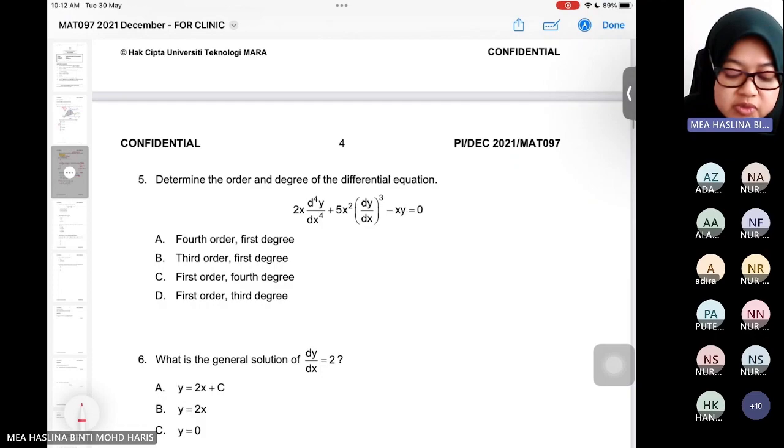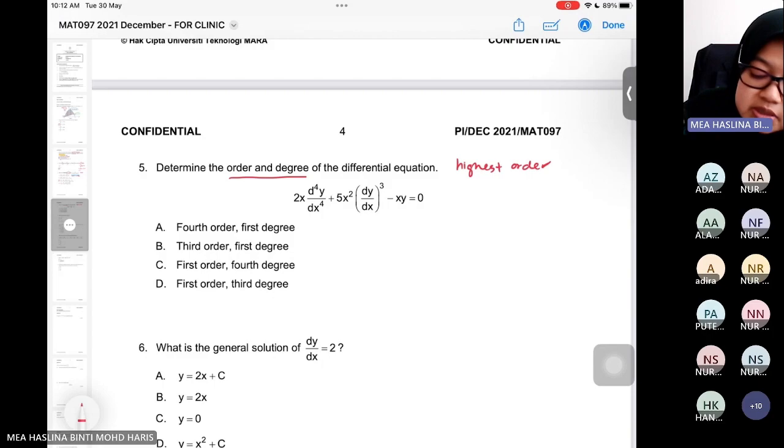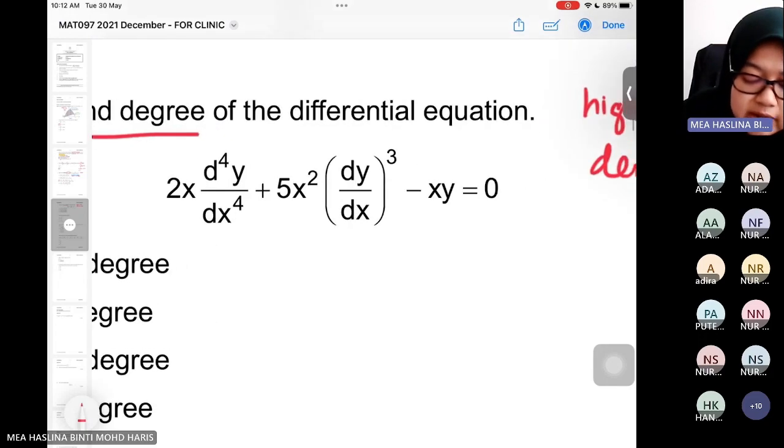That's why the answer is C, right? And then moving on, question number 5, determine the order and degree of the differential equation. So order and degree will depend on the highest order derivative term. You look at the terms that you have. One, you have to the power of 4, not to the power of 4, order 4. Highest order is 4.